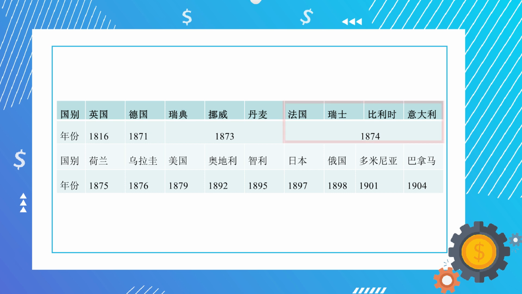France, Switzerland, Belgium, and Italy were in 1874, the Netherlands in 1875, Uruguay in 1876, the US in 1879, Australia in 1892, Chile in 1895, Japan in 1897, Russia in 1898, the Dominican Republic and Panama respectively in 1901 and 1904.